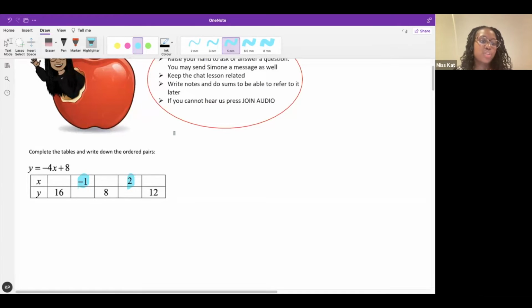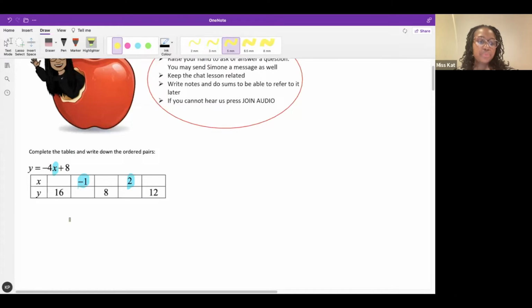Are we going to substitute those where we see an X or where we see a Y in my formula? Do we substitute them where we see X or Y? We substitute them where we see an X.